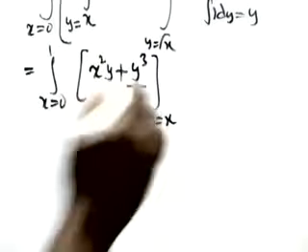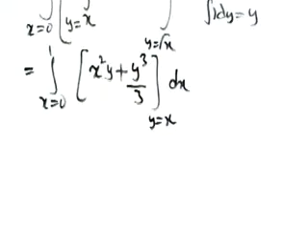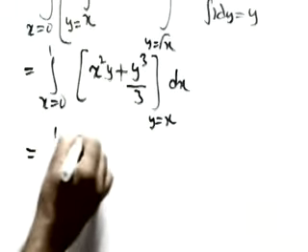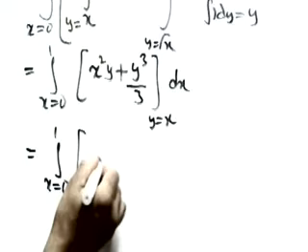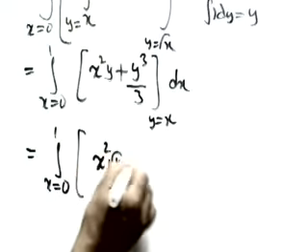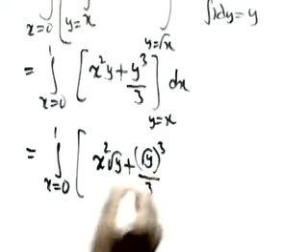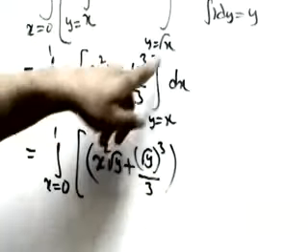Now we have integrated with respect to y, so what is left here? dx is left. Now we have to take the upper limit minus the lower limit. Integration x equals 0 to 1. If we put the upper limit in place of y, this will become x square into root x plus root x whole cube divided by 3. This is the upper limit.